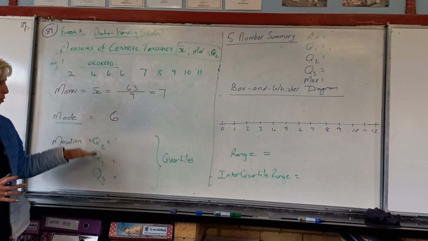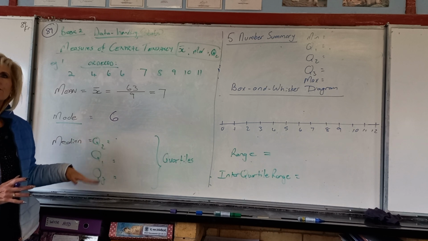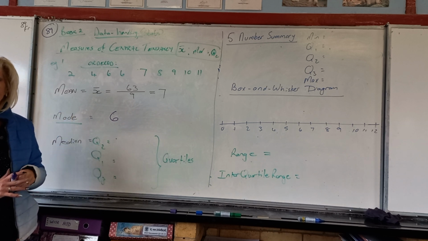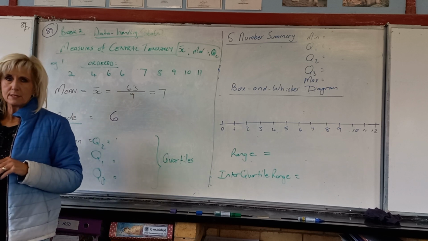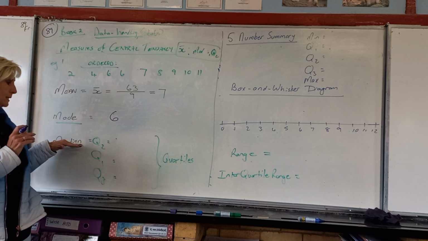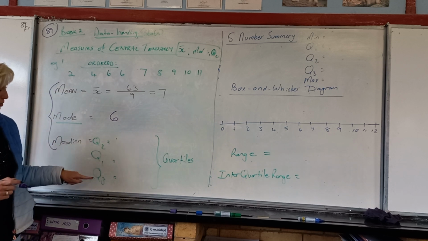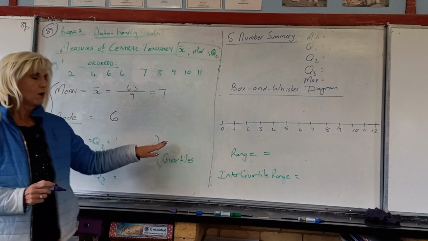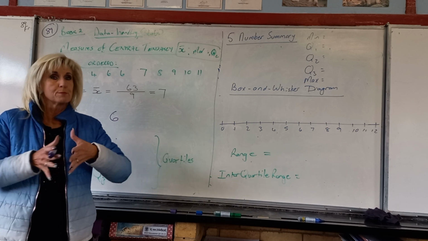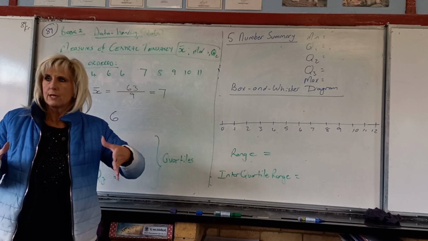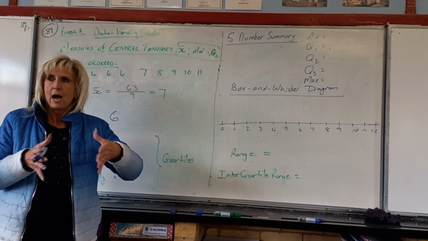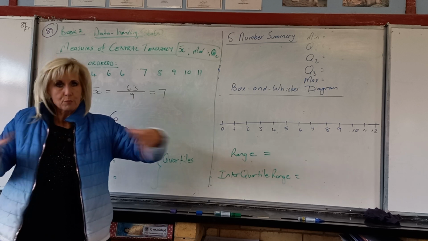Now let's do all the quartiles that you've got to know from grade 10 already, but it's a recap. If you take quartiles, we do put median under the measures of central tendency, but the quartiles themselves are measures of dispersion. Now dispersion actually means spread. How the data has been spread out.